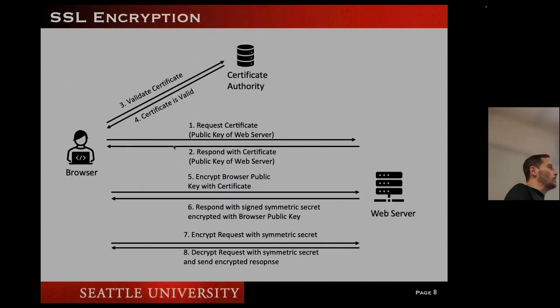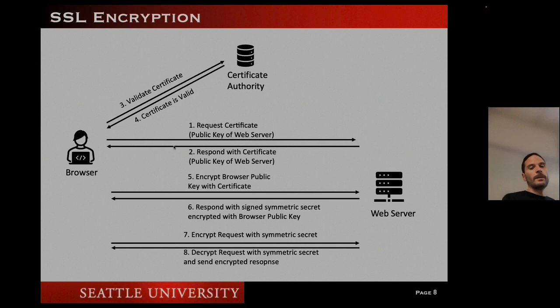Going back to the web context, so SSL. If you're contacting a web server that uses HTTPS encryption, that traffic is encrypted using a symmetric key. But before you have that key, there is a kind of handshake, a set of actions that take place that allow you to exchange a key securely.